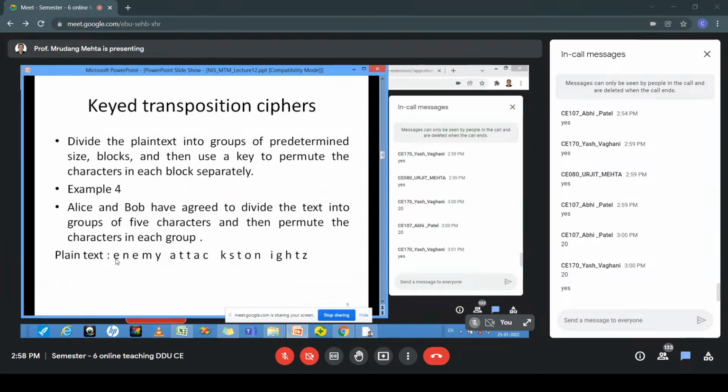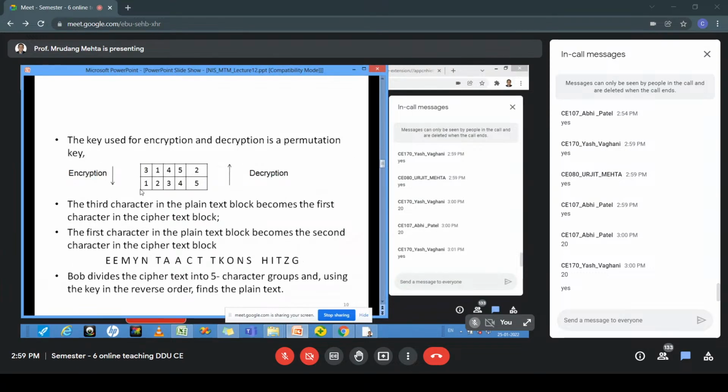So first put the third character, then put the first character, then put the fourth character, E, and N is the fifth.